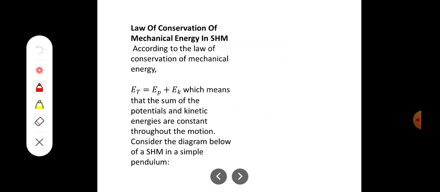This is beautiful. Now that leads us to the next thing, the law of conservation of mechanical energy in simple harmonic motion. According to this law, the total energy ET is equal to potential energy EP plus kinetic energy, which means that the sum of the potential and kinetic energies is constant throughout the motion. Let's consider a diagram of a simple harmonic motion.